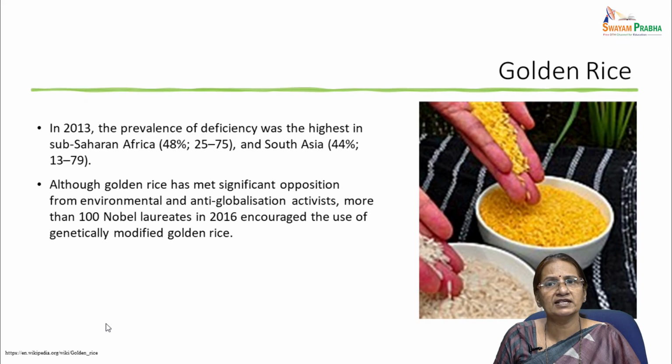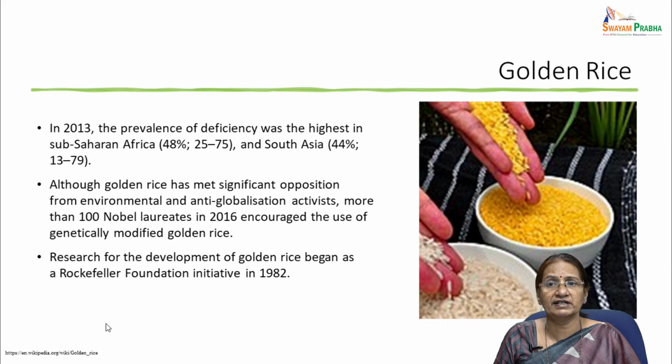Although golden rice has met significant opposition from environmental and anti-globalization activists, more than 100 Nobel laureates in 2016 encouraged the use of genetically modified golden rice, which can produce up to 23 times as much beta carotene as the original golden rice. Research for the development of golden rice began as a Rockefeller Foundation initiative in 1982.